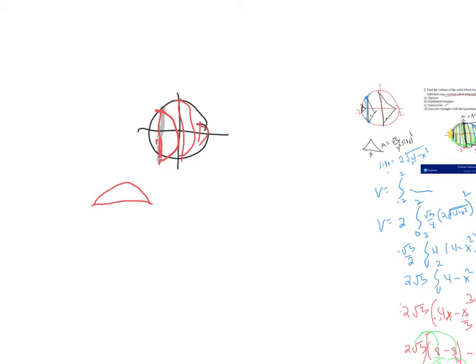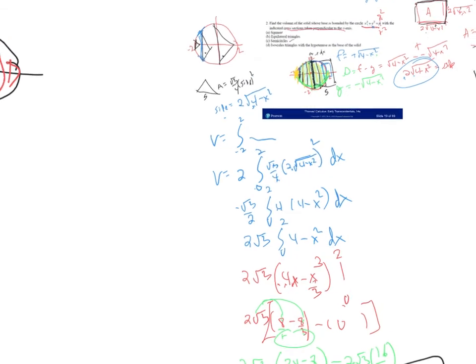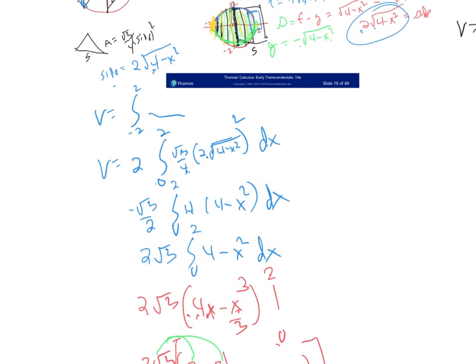Interesting. The bottom of each of these semicircles, I'll call it the bottom, is the same formula as my side was on the other problem. The side was, and I don't have it memorized, where was it at? 2 times the square root of 4 minus x squared.